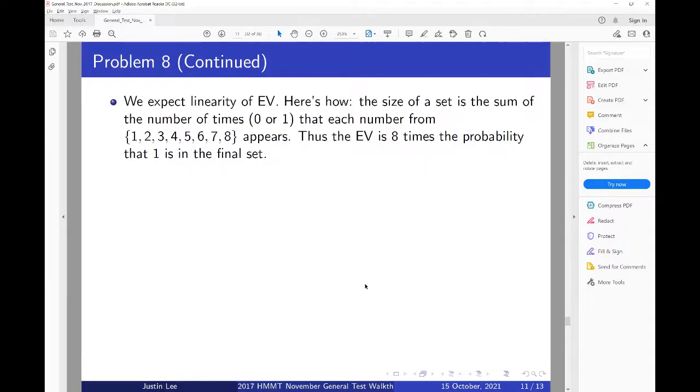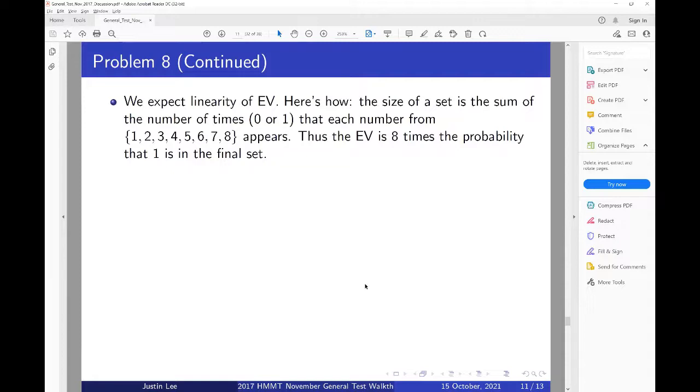And of course, the expected number of times that each number appears in the set is going to be the same. So it's just 8 times the expected value of the number of times that 1 appears in the final set.